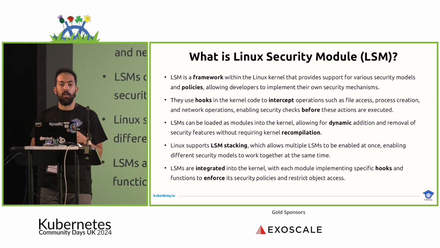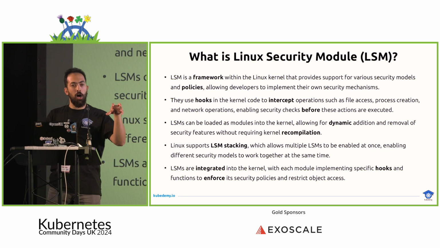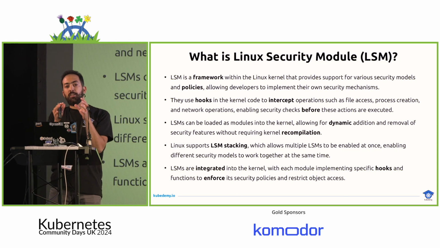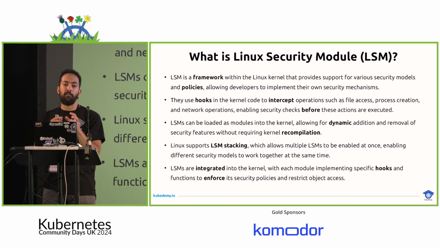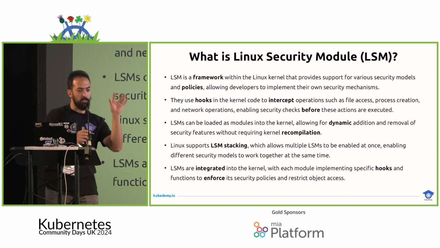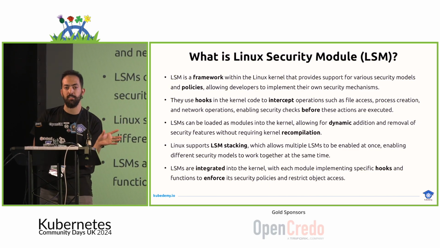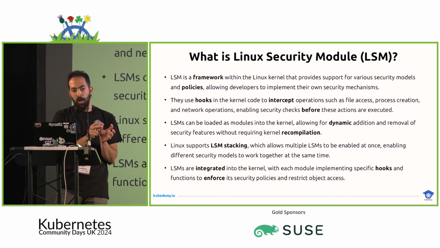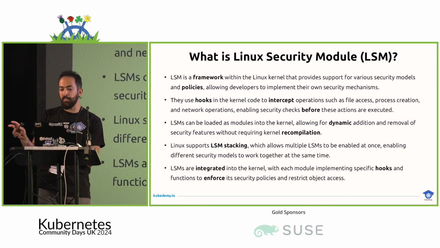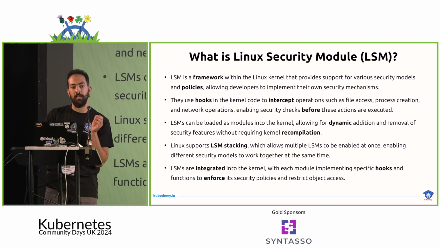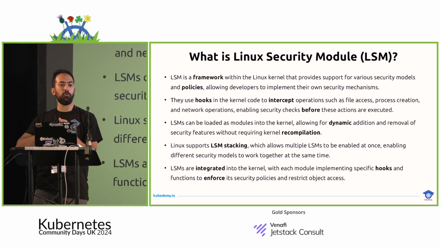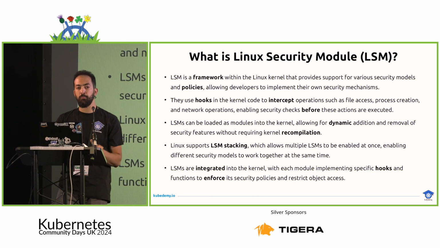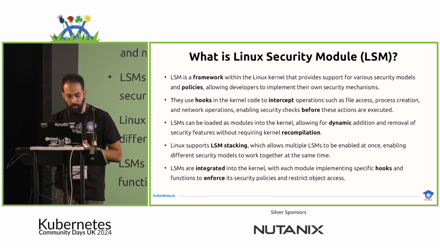For example, when I want to access a file, I can create a policy and get the function parameters, for example the source process and the destination file, and check if that process can access that specific file, or if the process can communicate with some IP address, or bind a specific port, and so on.